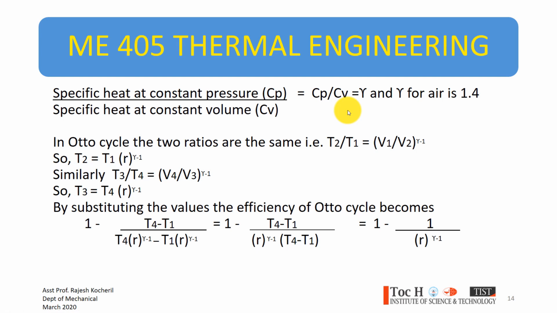temperature earlier, and now if we substitute the values into the temperature terms, we get 1 minus (T4 minus T1) divided by (T4 into r raised to gamma minus 1 minus T1 into r raised to gamma minus 1). That is equal to 1 minus (T4 minus T1) divided by r raised to gamma minus 1 into (T4 minus T1), because here it is T4 into r raised to gamma minus 1 minus T1 into r raised to gamma minus 1.